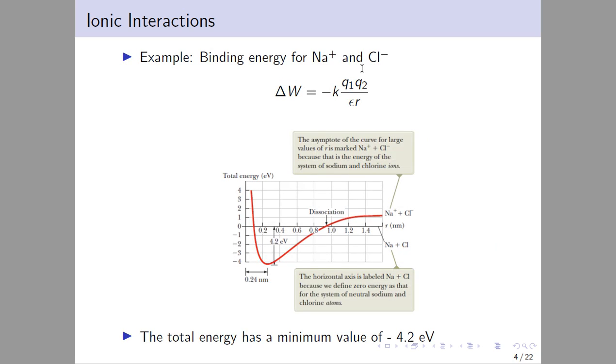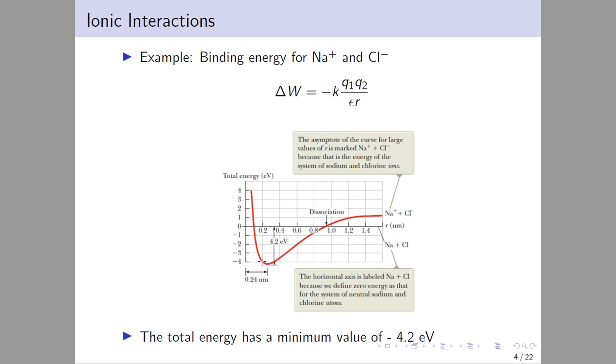So this is an example: the binding energy of Na and Cl. So these are attractive, and these are repulsive, and this one is the best position for each Na plus and Cl negative.